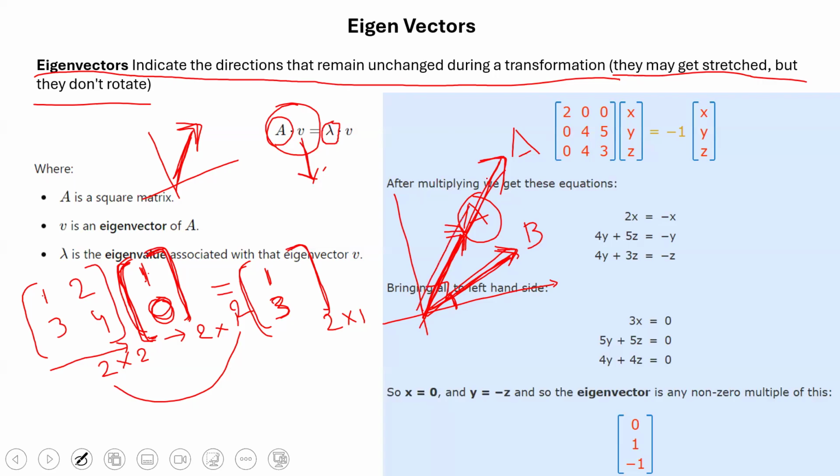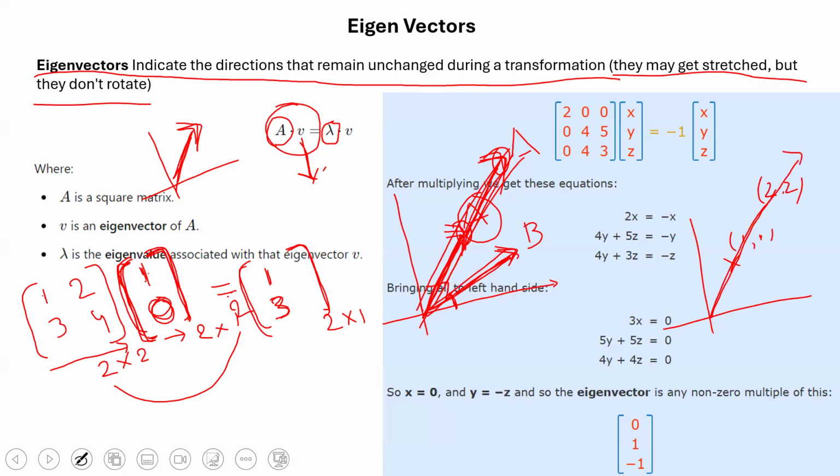The vector will get stretched. The point here will just go here, that's all. But the direction will always remain the same. Understood? Let's suppose I take the point (1, 1), multiply this with 2, it becomes (2, 2). But it will always lie on the same line. The direction will always remain the same.